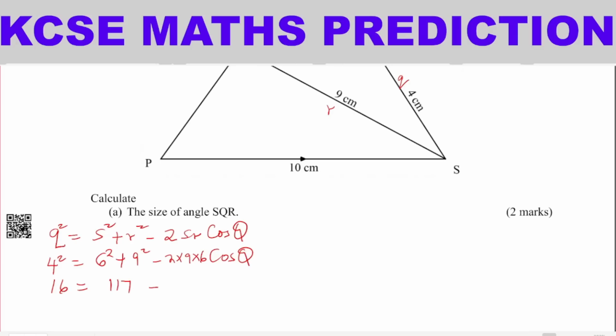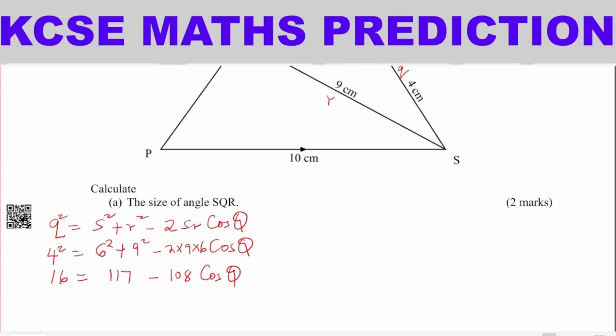Then minus, this 9 times 6 is 54, 54 times 2, this will give 108. That will give 108 cosine of theta, like that.